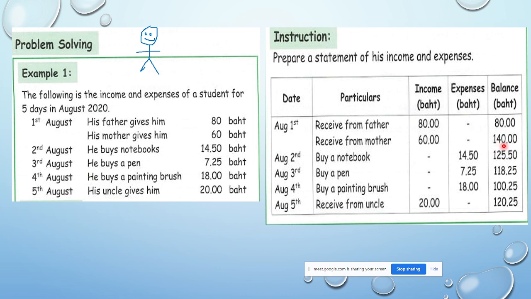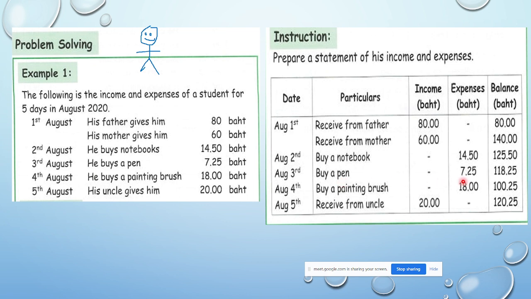So 140 baht minus 14 baht 50 satang. So what is your remaining balance now? You have 125.50. Yes, you have 125.50 baht.